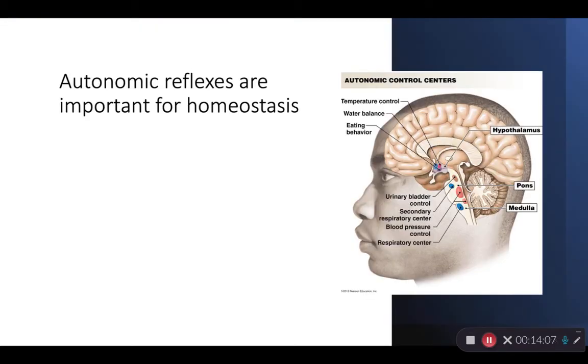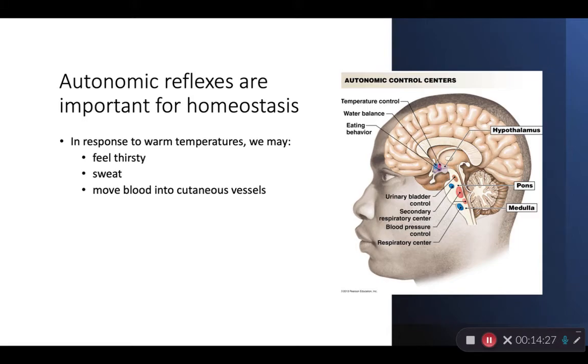Okay, so autonomic reflexes, although we are less aware of them because they happen automatically, are really important for homeostasis. At the very beginning of the semester, when we first started talking about anatomy and physiology, we talked about some of the ways that we adapt to changes in our environmental temperature. A lot of that is brought about by autonomic reflexes.